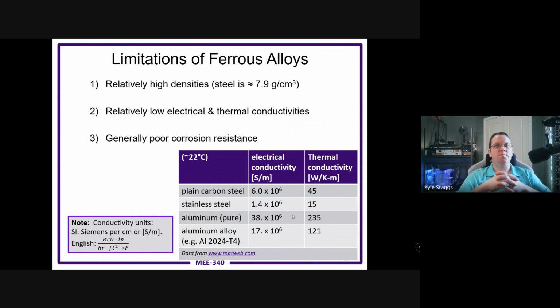So it actually makes better heating elements because it's resistive to electrical flow, and because its thermal conductivity is a little bit lower. So this is why electric ovens, electric heating elements, often you'll see are going to be steel.